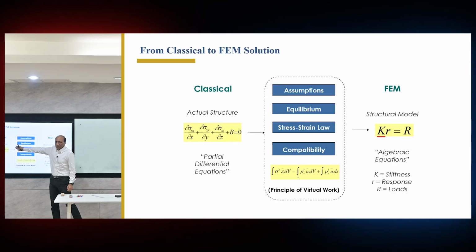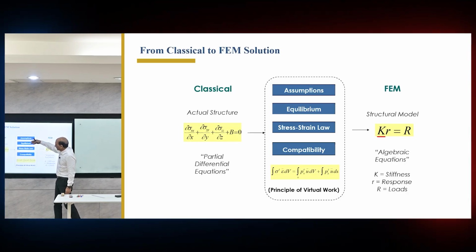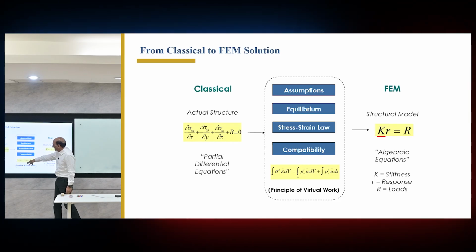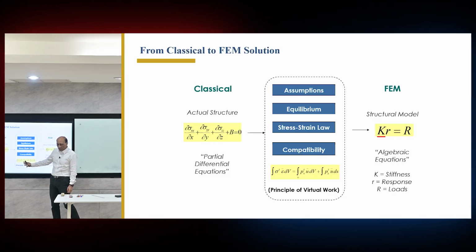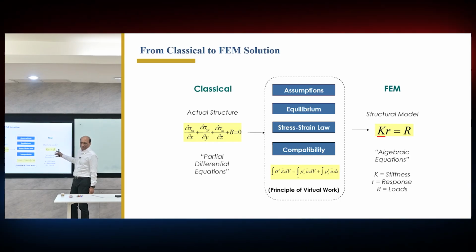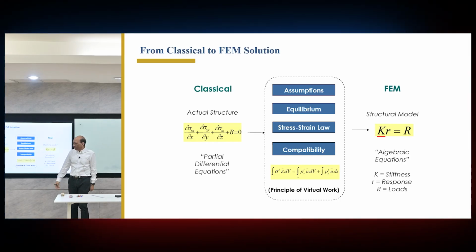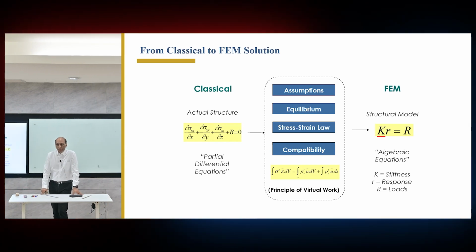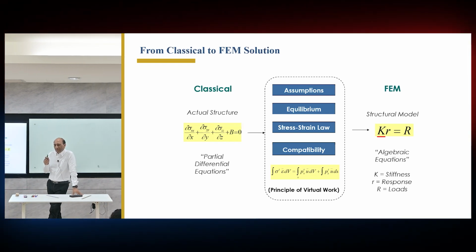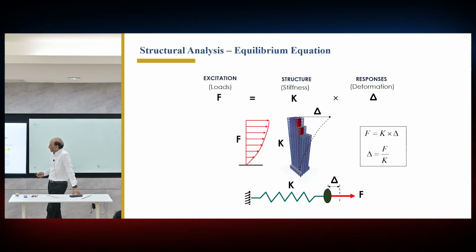So we converted the classical partial differential equation using the principles of assumption, equilibrium, stress-strain law, compatibility, the principle of virtual work, all of those things, which I don't remember now, to this one. All I'm concerned with is that now we have this. The thing is that we know how to do that now, which is what is called the finite element.